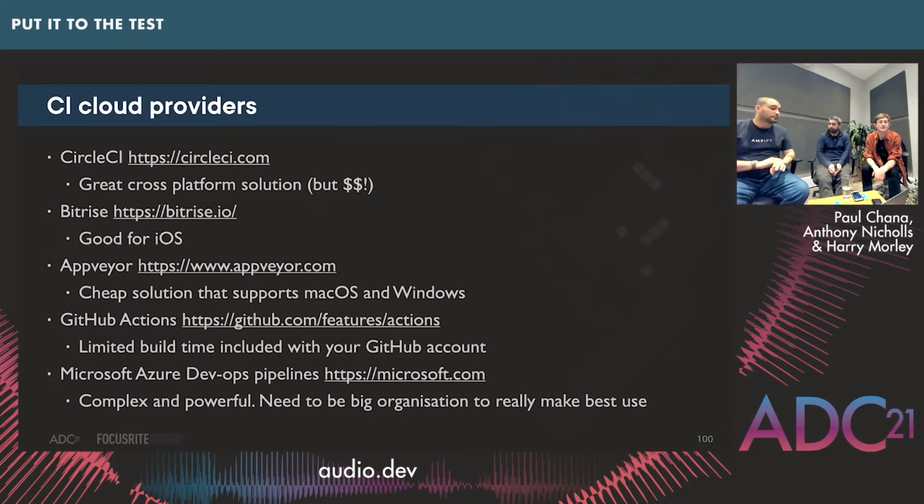And if you're doing open source, almost all of them will give you a free amount of compute time, which in our experience is enough to at least get you going. And what's great is all of these offer hooks into GitHub, and in most cases GitLab, except GitHub Actions is the only one that I don't think you can link to GitLab.